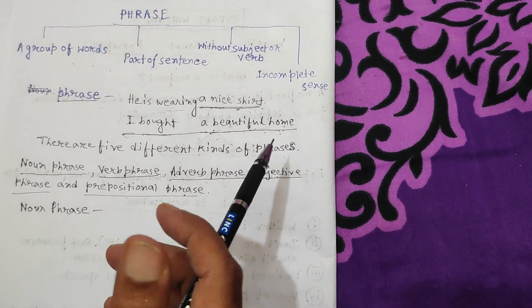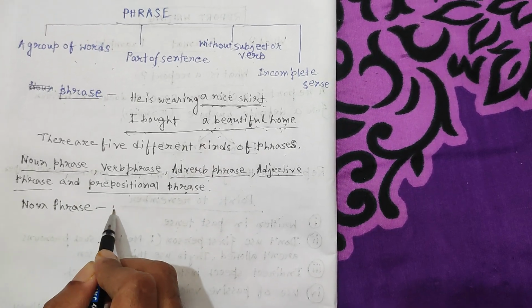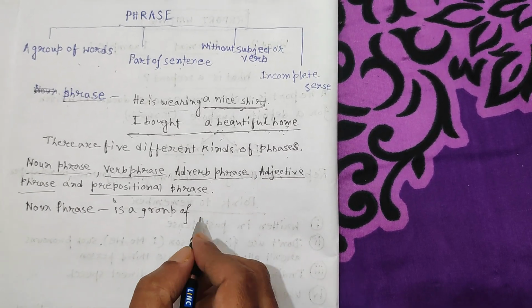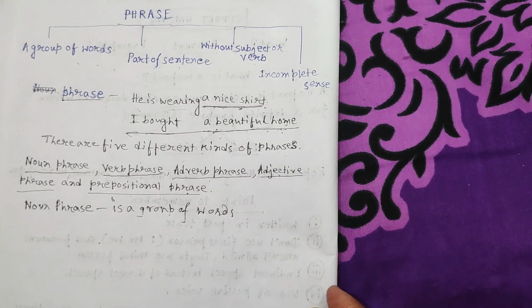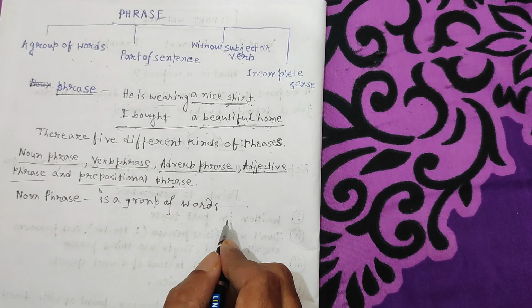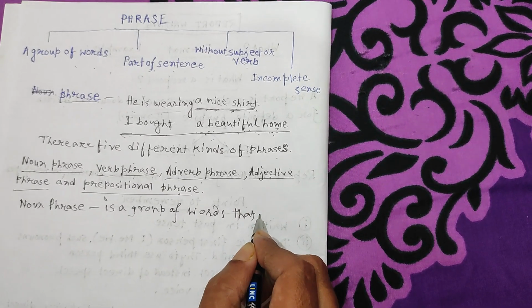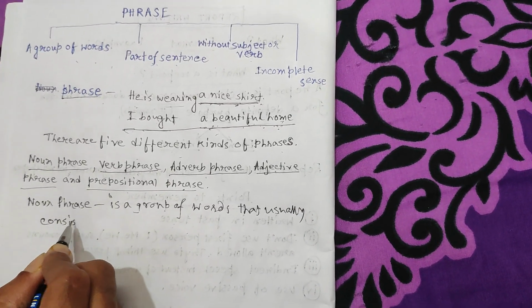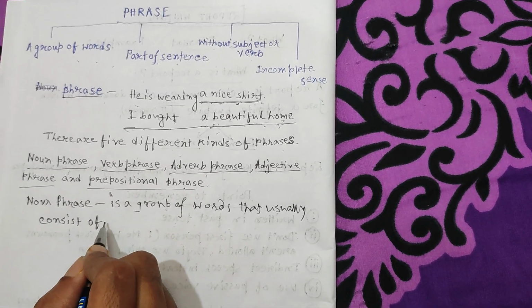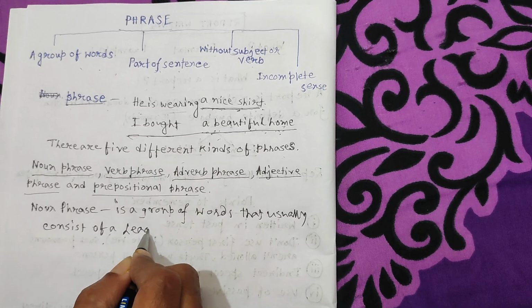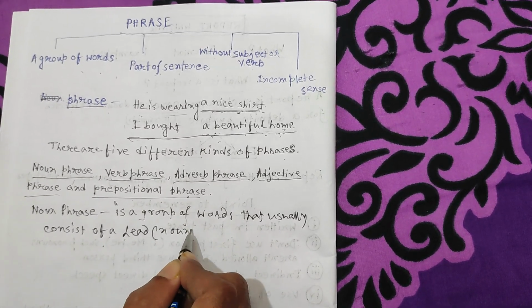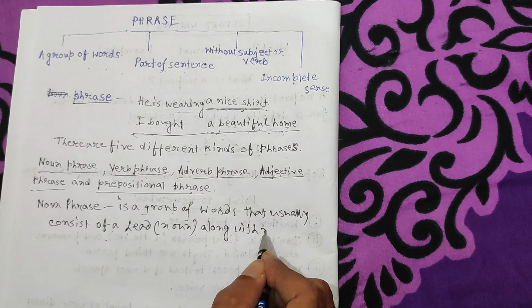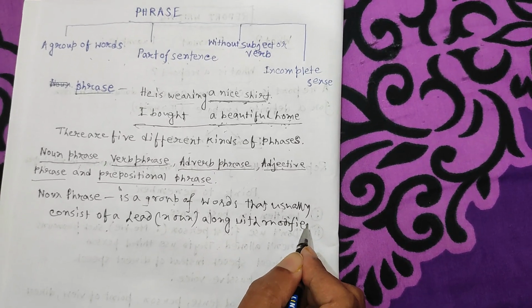A noun phrase is a group of words that usually consist of a head noun, along with modifiers.